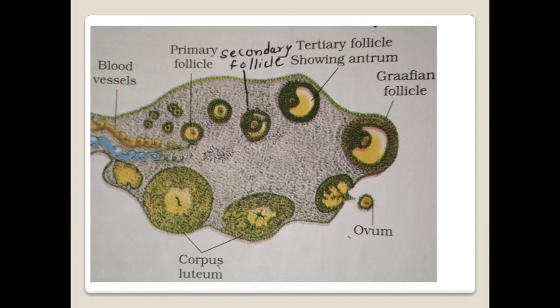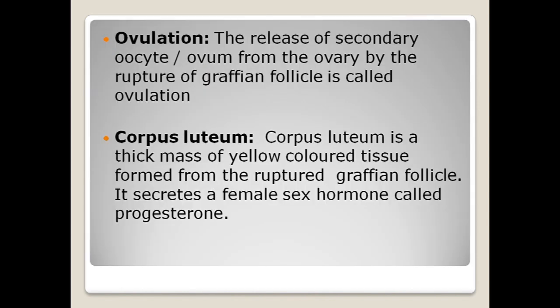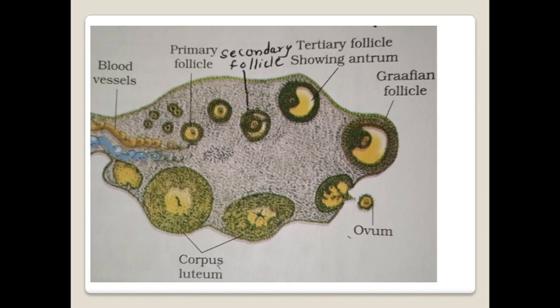The structure of ovary is given here. See the diagram. We can see primary follicles, secondary follicles, tertiary follicles and Graafian follicles in the diagram. Primary follicle with a single layer of granulosa cells. It grows.